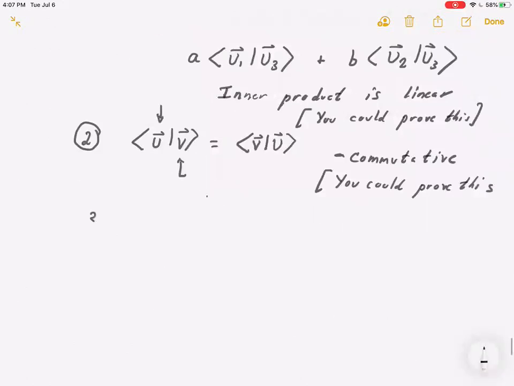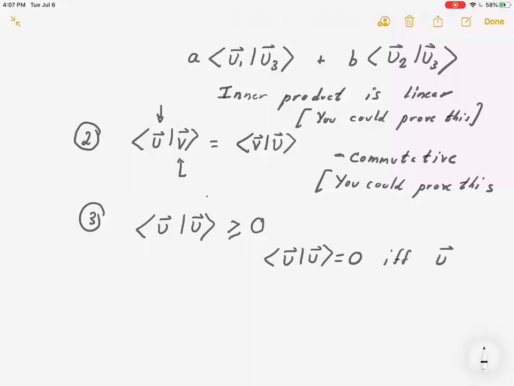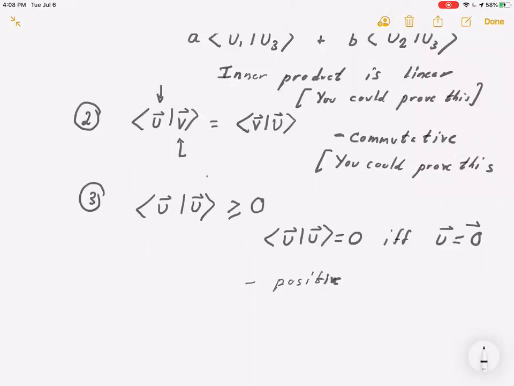Finally, the third property of an inner product is that if you took the inner product of a vector with itself, you'll get an answer that's either 0 or positive. And this implies that the inner product of a vector with itself is 0 if and only if the vector is the 0 vector.